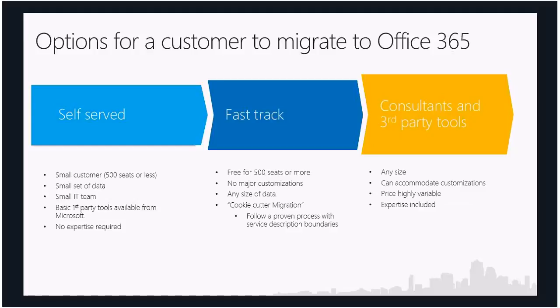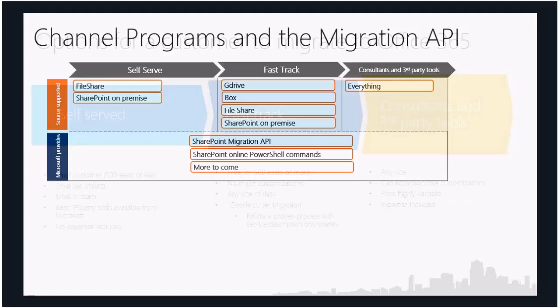So basically, we have 3 ways for migration purposes here. These are the channels. The self-service, where you can migrate files from your file share or your SharePoint on-premise. And the consulting service with third-party tools, where you can do just about any migration, but this is for complex scenarios here.